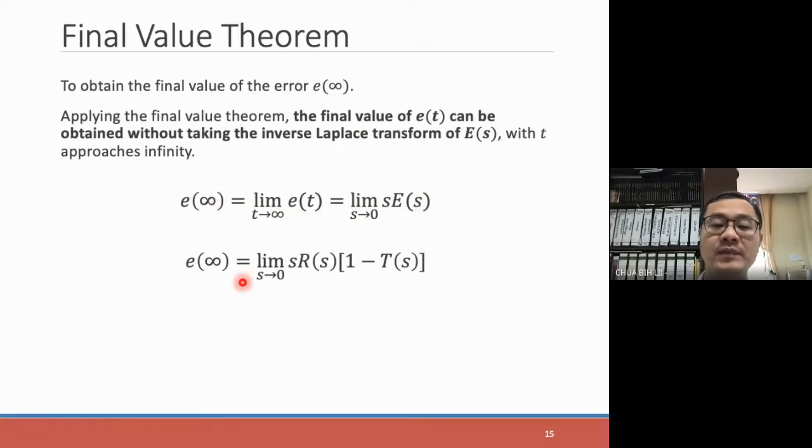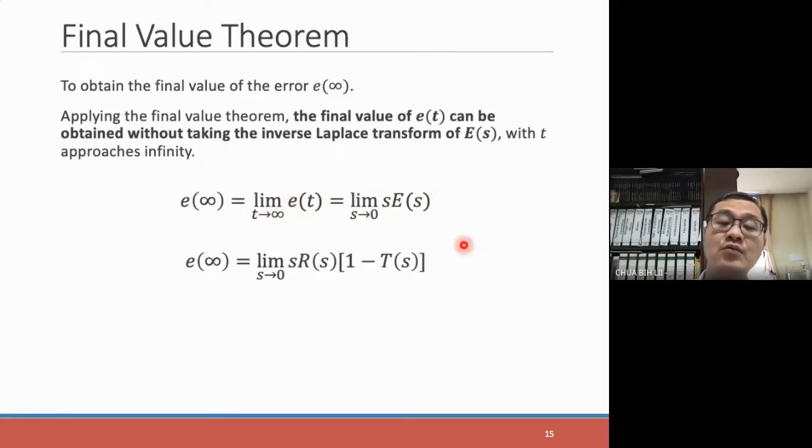We just have to remember this formula: e(infinity) equals the limit as s approaches 0 of sE(s). Since most of our transfer functions are in the Laplace transform form, you would solve it using this, unless the system gives you a time domain form, then you can use the other one.